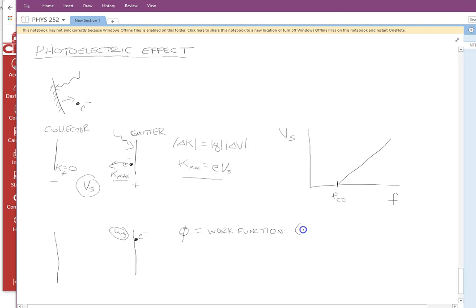Really, it's a binding energy, but the idea of it being the amount of work that has to be done to liberate the electron is why we call it the work function. So every metal is going to have a characteristic work function. It is an energy, the energy that has to be absorbed by the electron in order to be liberated.